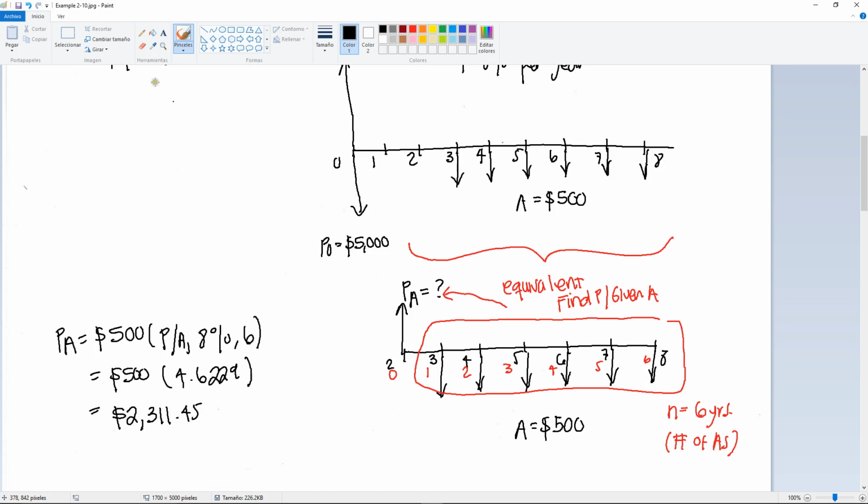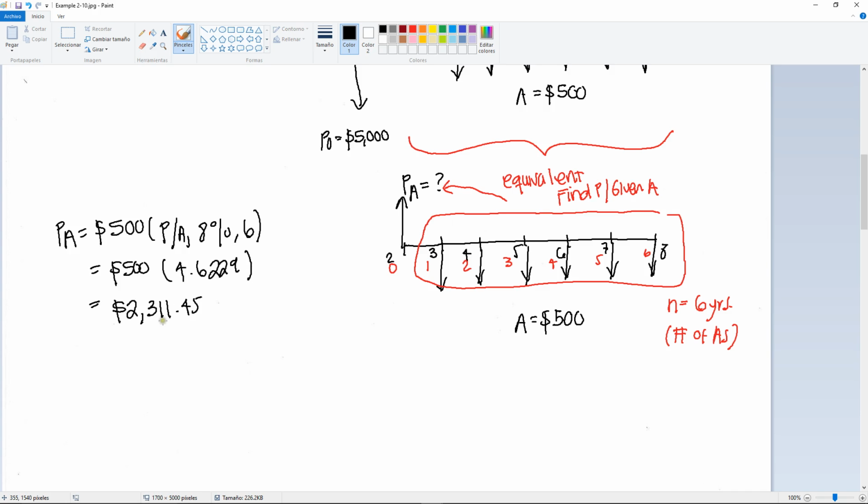Now even though here we got a positive number, it's just because we found the equivalent. To balance it out, we put the arrow going upward. But we know that it should actually go downward because it's the equivalent of all of these negative cash flows. So in reality, this will be a negative cash flow.